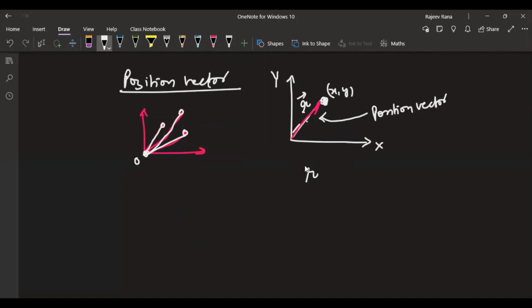So how do we express it mathematically? We will express it as x i cap plus y j cap.